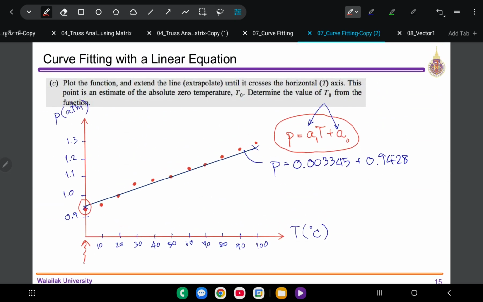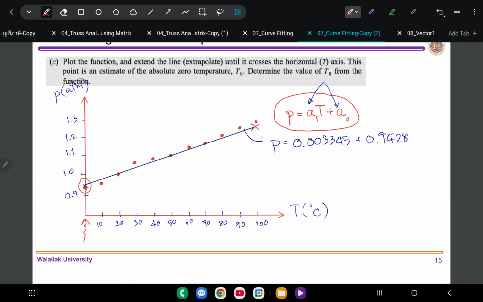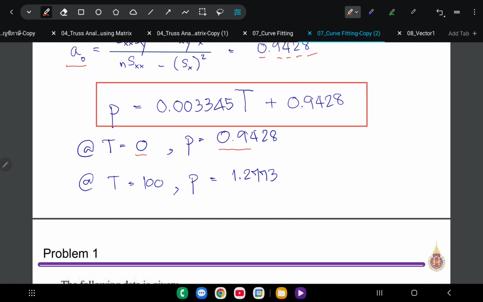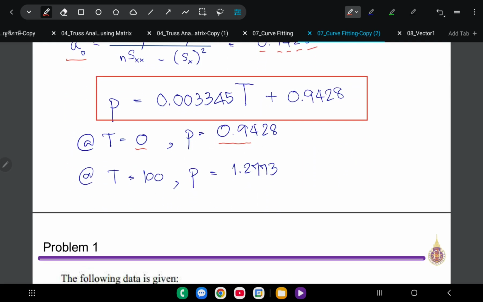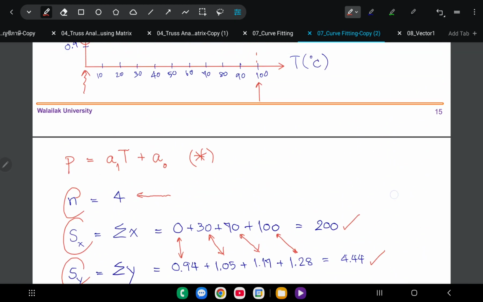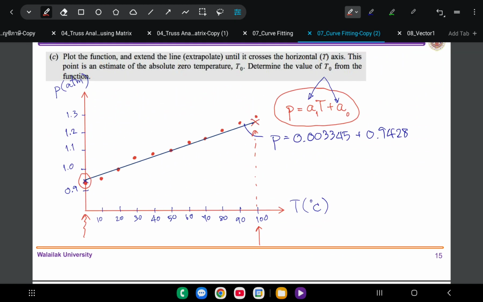And the next point, at t equal to 100, I get 1.2773. Those are the locations of two points on the line, so I connect the two points with a line. That means this line has the equation that looks like this.